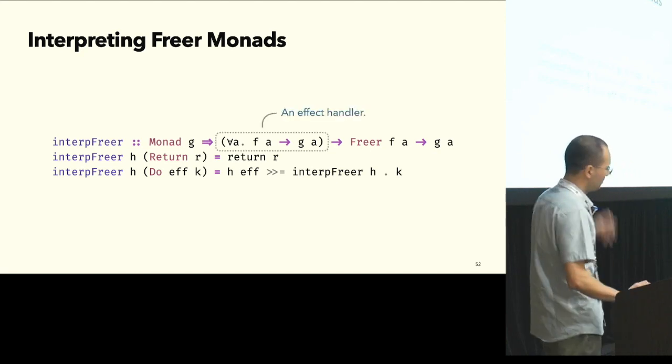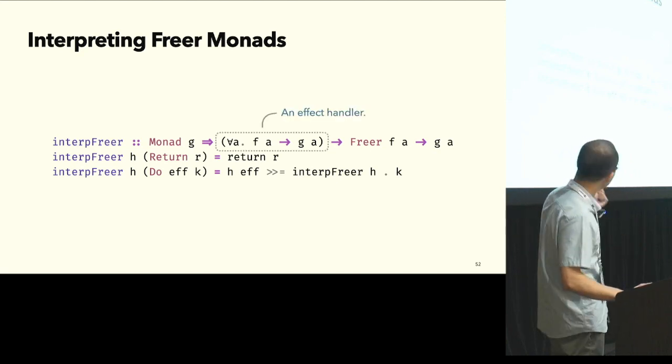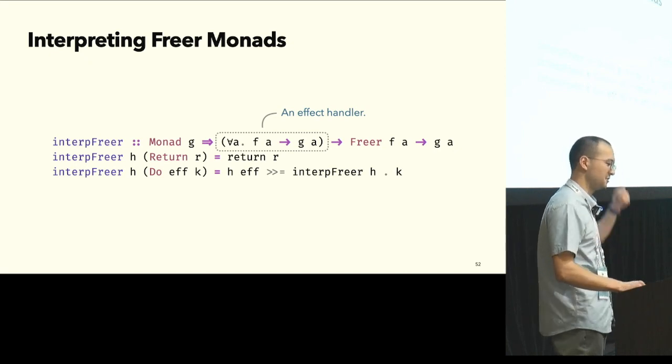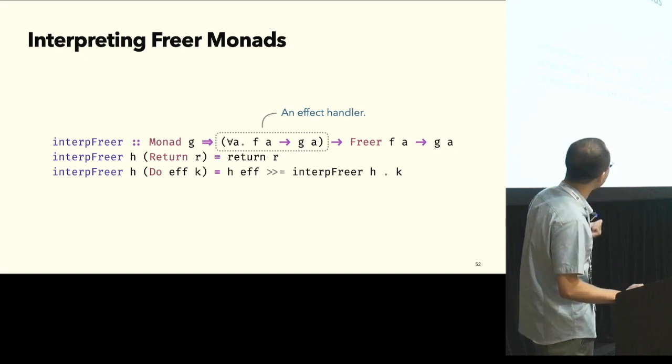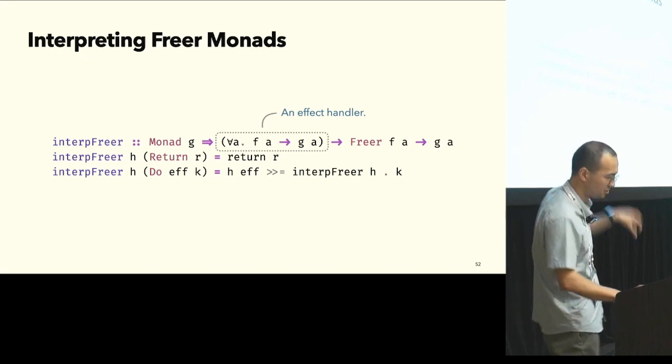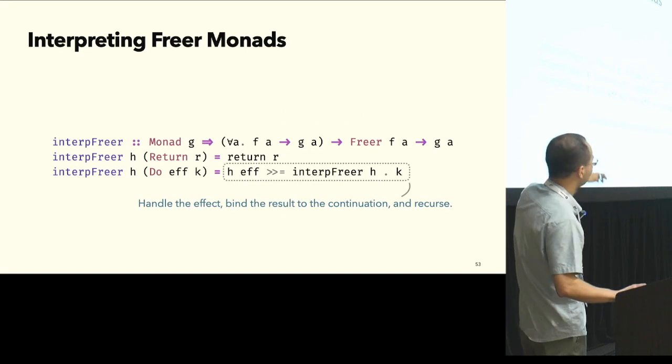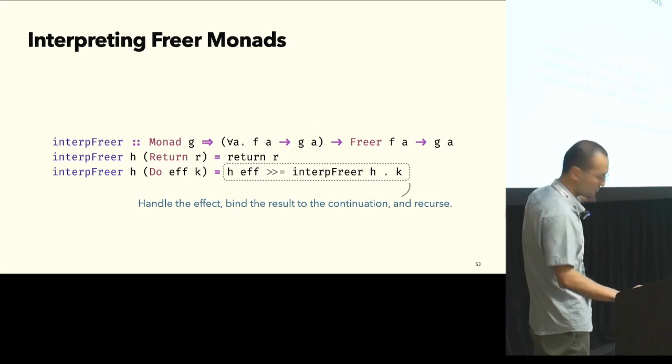So here, the interpretFreer function takes an effect handler that maps effects in F to monadic actions in G, and the function basically just folds this effect handler over the Freer monad.